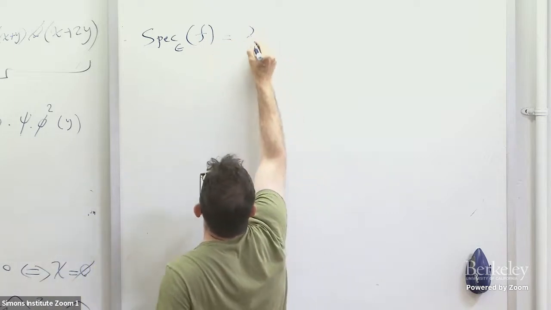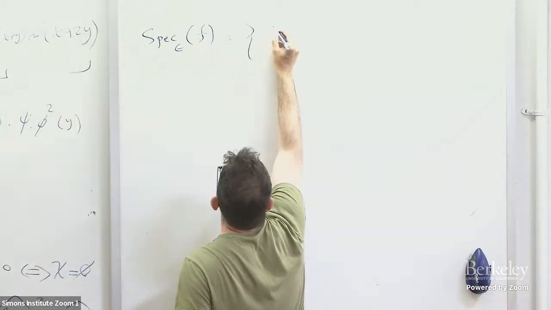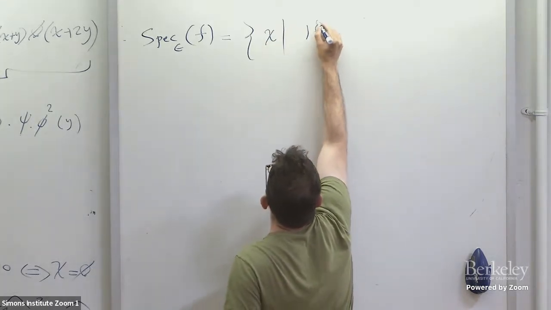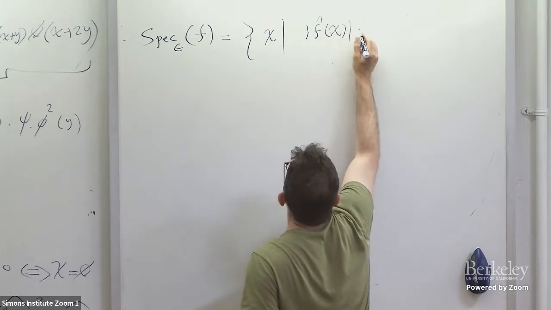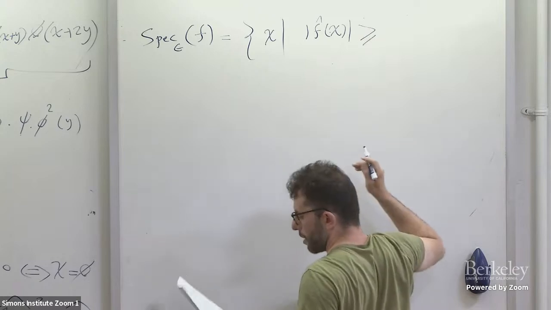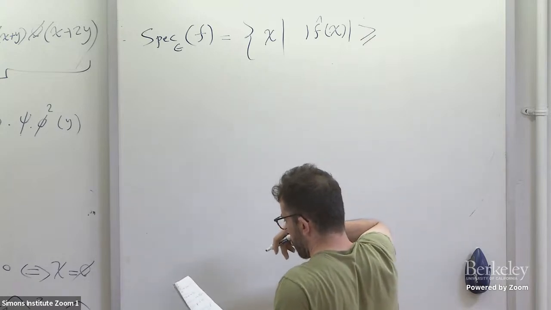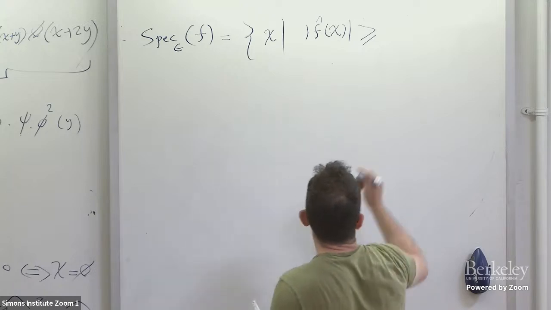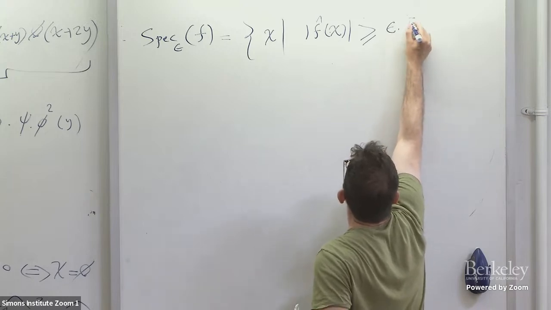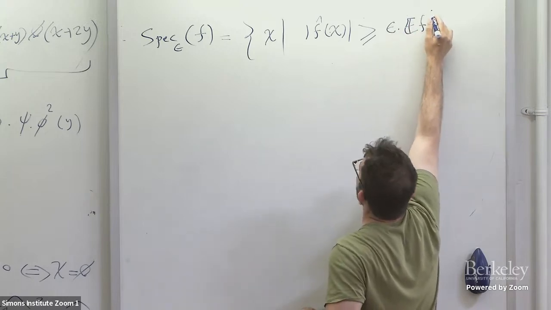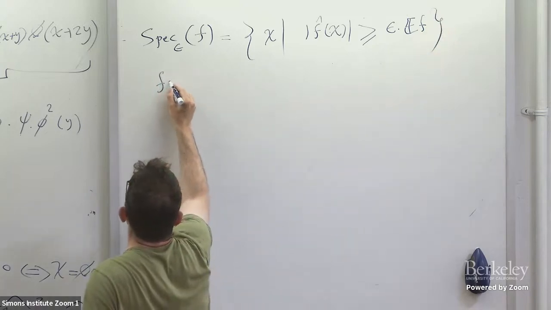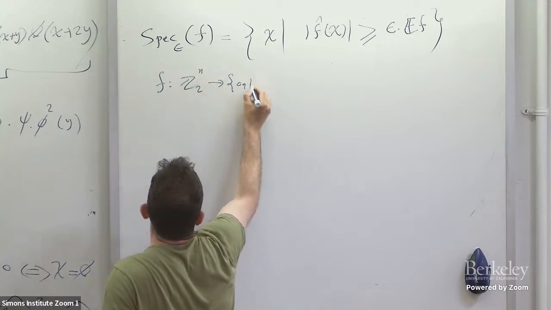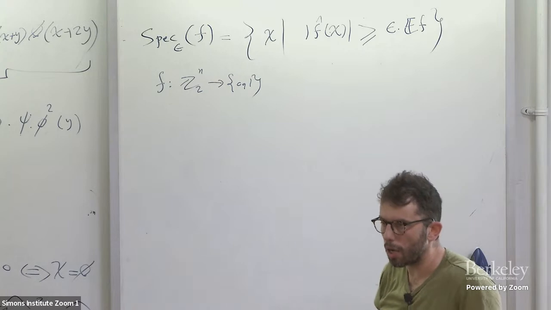So this is the set of all chi such that, I'll define it with this function, okay, these are the large Fourier coefficients.